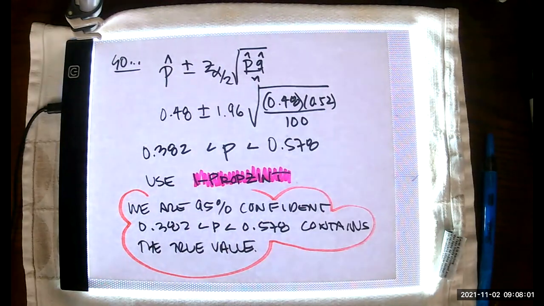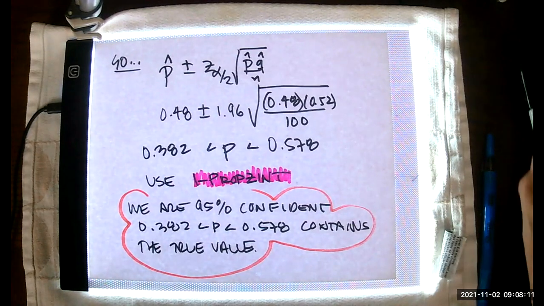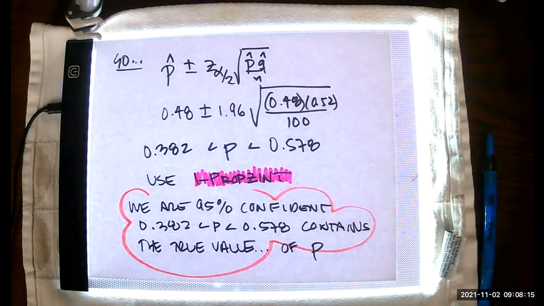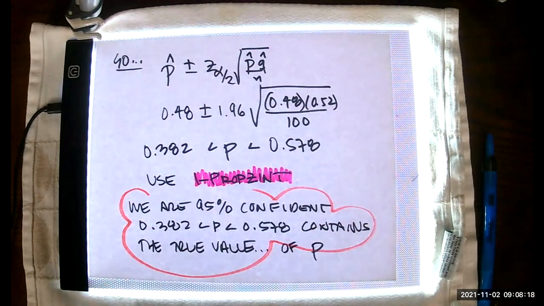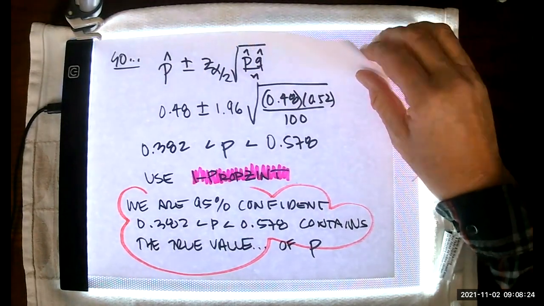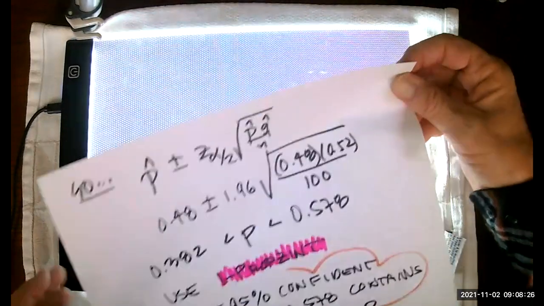We are 95% confident that 0.382 less than p less than 0.578 contains the true value. That would be the true value of what? Of the population proportion p for the number of heads when you flip coins over there. Now, let's talk a little bit about presentation here.